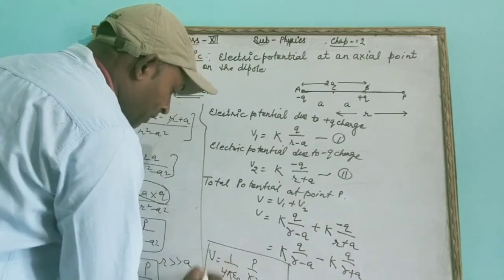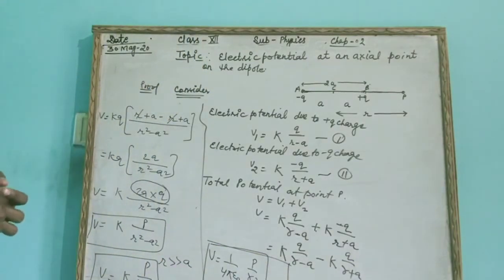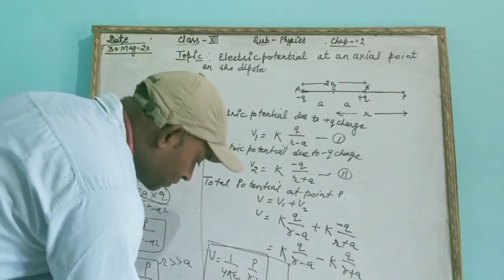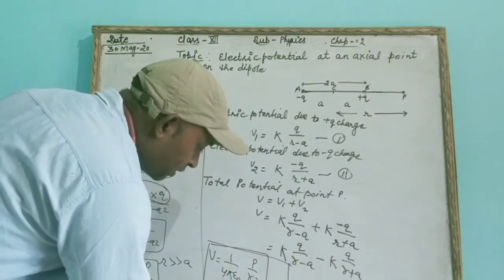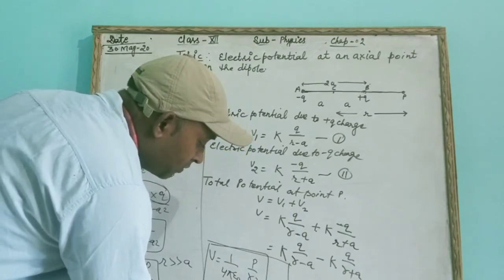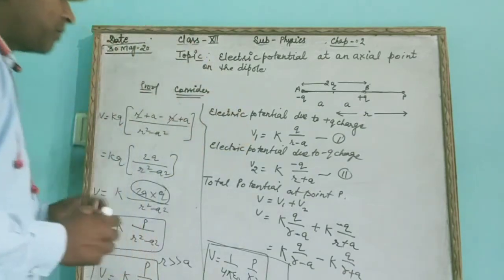In the last chapter, the formula of the electric field at an axial point on the dipole was E equal to 1 upon 4 pi epsilon naught, 2p upon r cube.